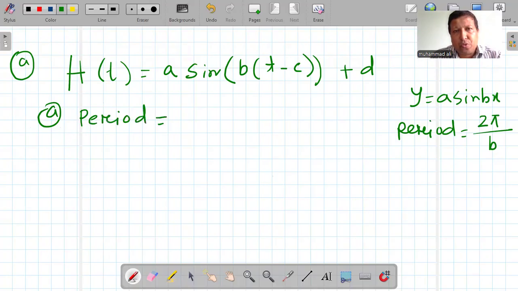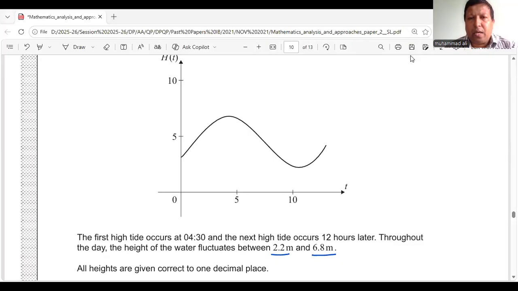Period equals 2 pi divided by the coefficient of t, which is b. One thing we have to remember here is that the period occurs 12 hours later. That means the period is 12.